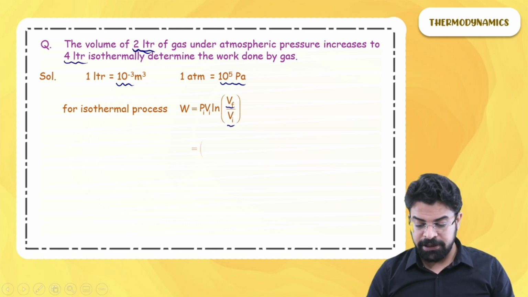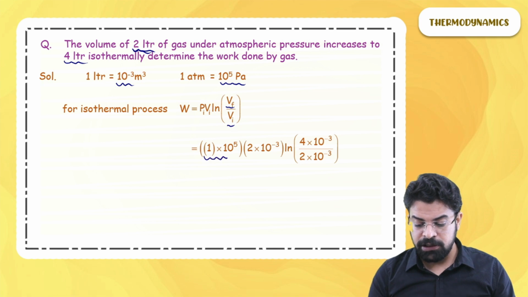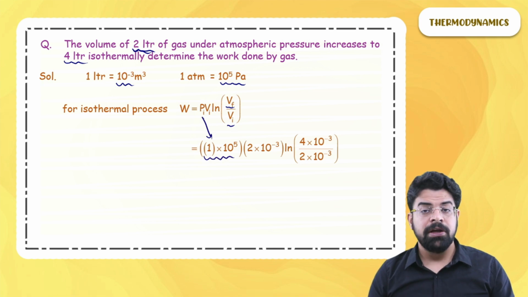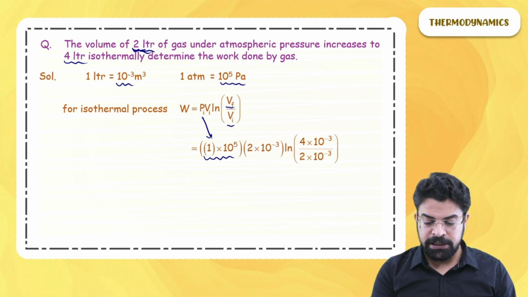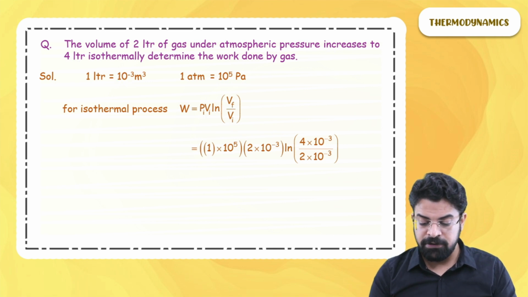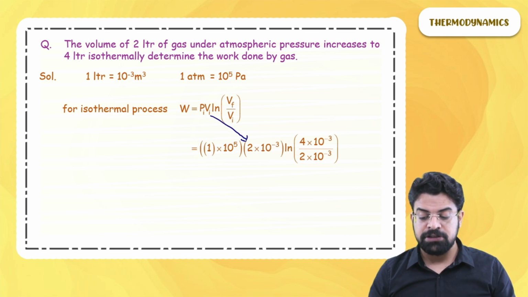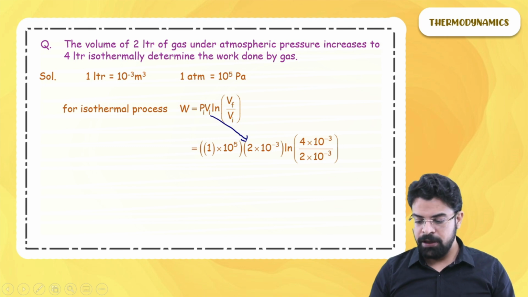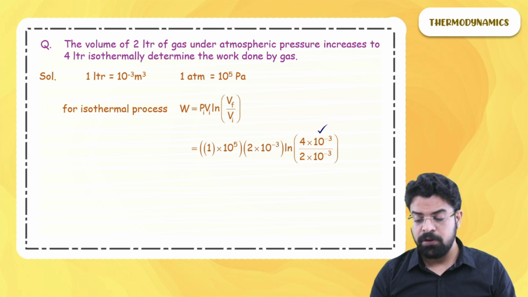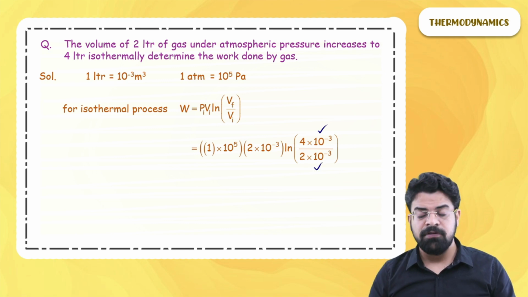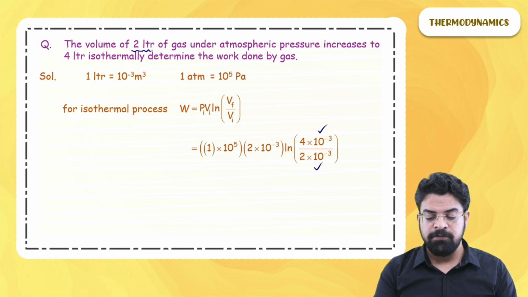So what you get here is work done equals 1 into 10 raised to power of 5, P initial, into V initial. 2 liter is the initial volume, that will be written as 2 into 10 raised to power of minus 3 meter cube. Ln V final by V initial, the final volume is 4 into 10 raised to power of minus 3 meter cube upon initial volume, which is 2 into 10 raised to power of minus 3 meter cube.